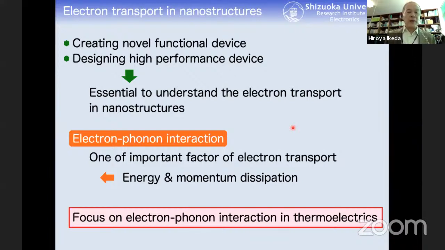And I think the electron-phonon interaction is one of the important factors of electron transport, because this interaction is deeply related to the energy and momentum dissipation of carriers. And in the present talk, I will focus on the electron-phonon interaction in the thermoelectric field.